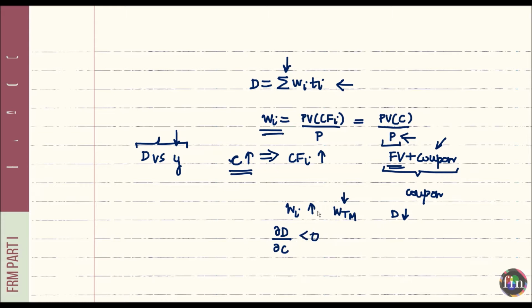Now let's move on to the third one, and that is the time to maturity. So to understand the impact of duration versus TM, let's begin with the simplest possible instrument, and that's a zero coupon bond. Okay. Now, a zero coupon bond, I know, pays everything in one shot. It pays everything at maturity, right?